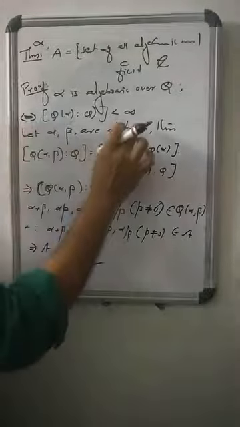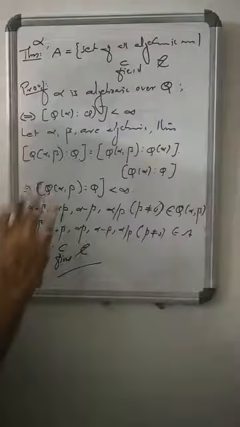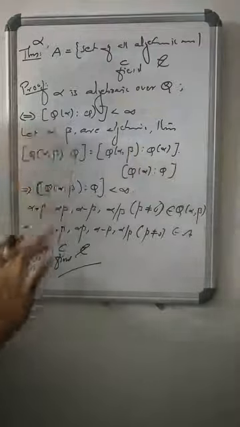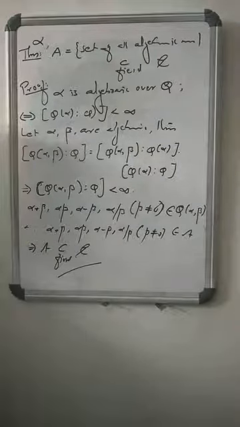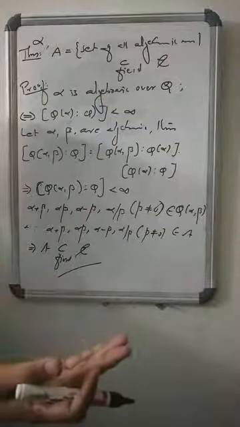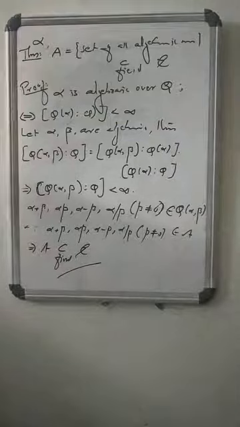Beta is algebraic over Q, so beta is also algebraic over Q(alpha). Therefore the degree of Q(alpha, beta) over Q(alpha) is finite. So the two terms on the right side are finite, and hence their product is finite. Therefore the degree of Q(alpha, beta) over Q is also finite.